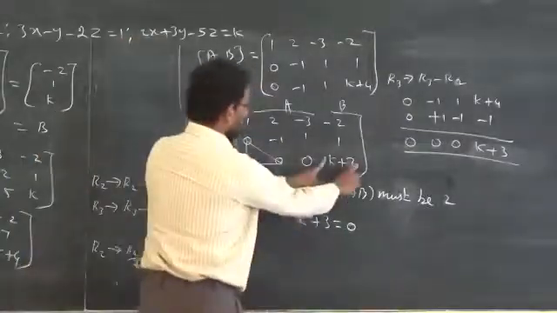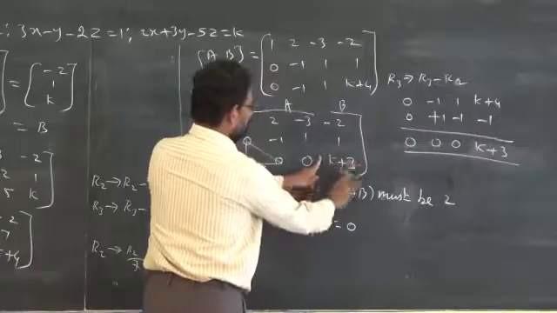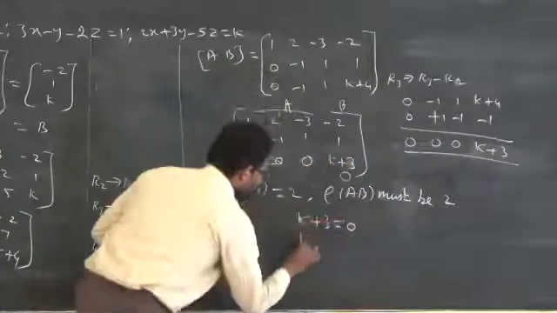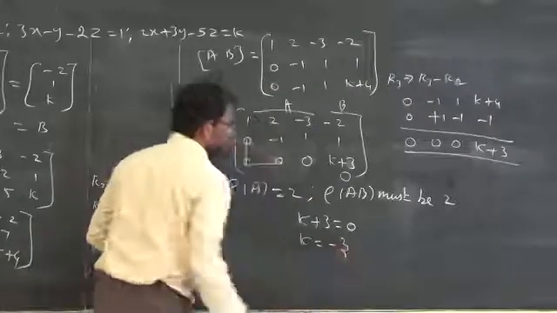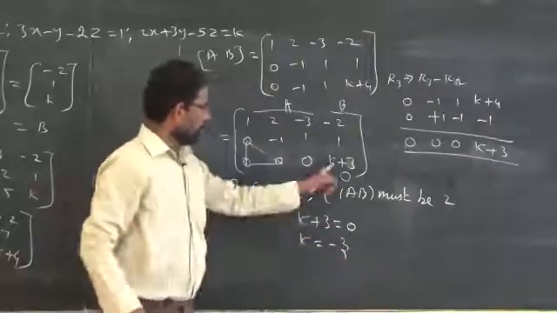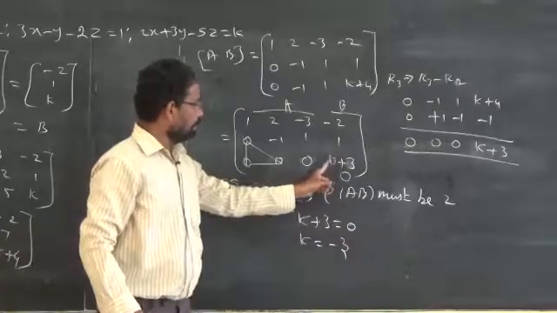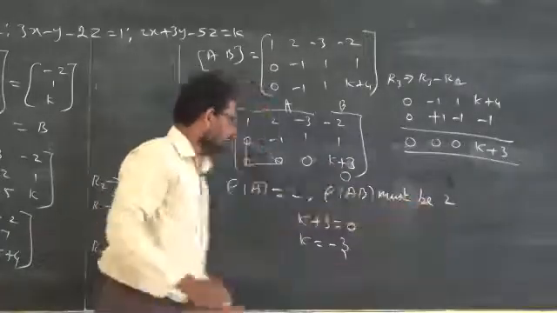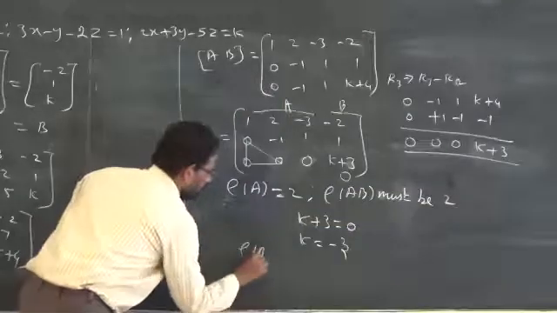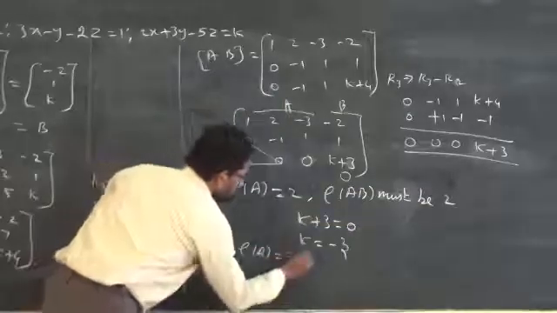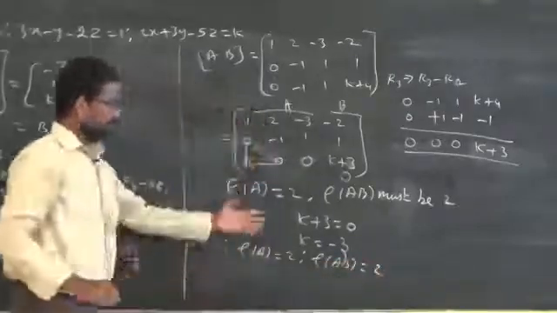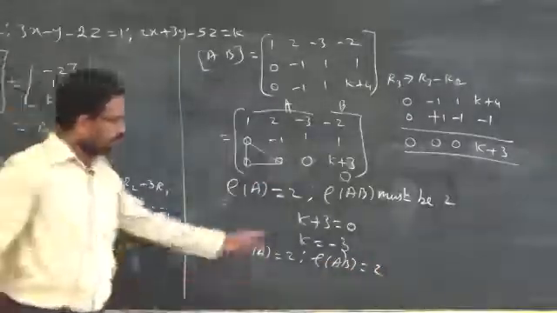Therefore, k plus 3, the last element of the third row, you can assign as 0. So, k is equal to minus 3. If you replace k with minus 3, minus 3 plus 3 will become 0. Therefore, rank AB is 2. Therefore, rank A equals rank AB, it is consistent, it is satisfied. Therefore, what is the value of k now?